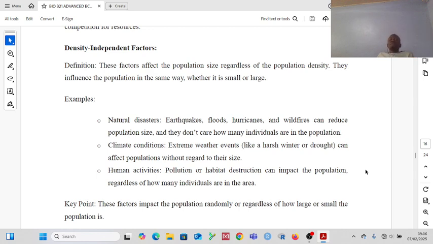So we have pollution, and habitat destruction, which are factors created by anthropogenic influence or human activities. Pollution or habitat destruction will impact the population regardless of how many individuals are present in the area.